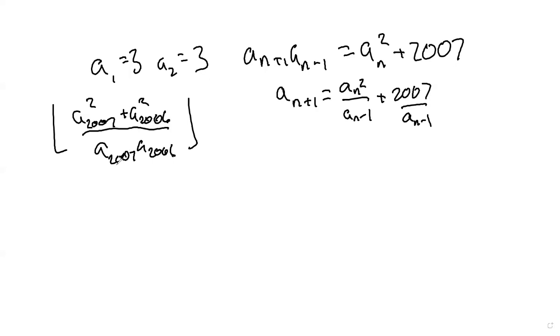I have a lot of interesting ideas, but the one that motivated this solution was writing it like, yeah, we're splitting it into two different fractions. So a 2006, or let me keep it in order.